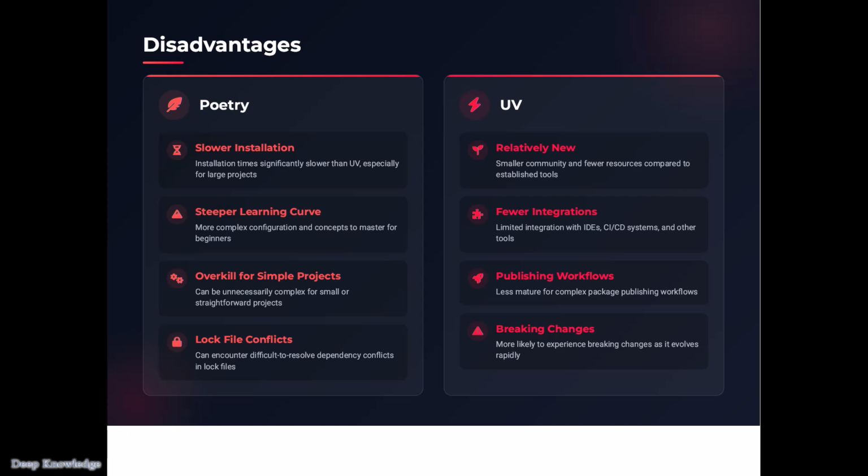And now let's see the disadvantages of Poetry. Poetry can be slower, especially with large projects. Its learning curve is a bit steeper, and for very simple tasks, it might look like overkill. Lock file conflicts can also occasionally occur.